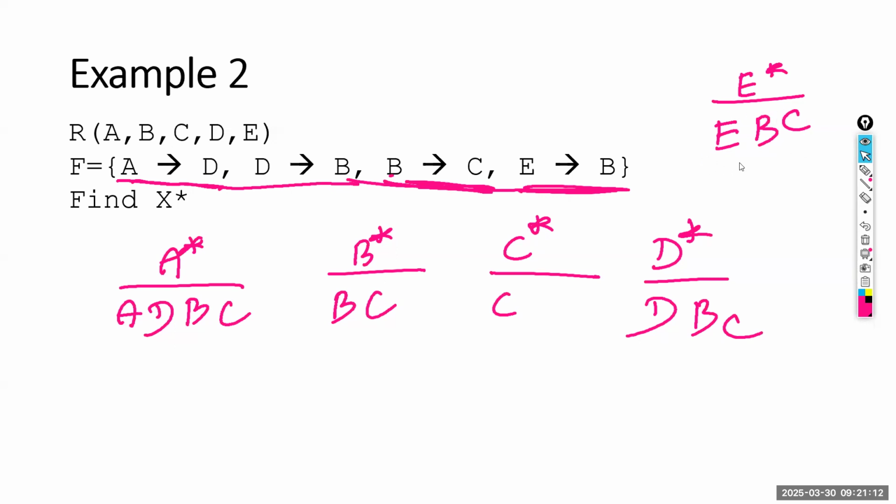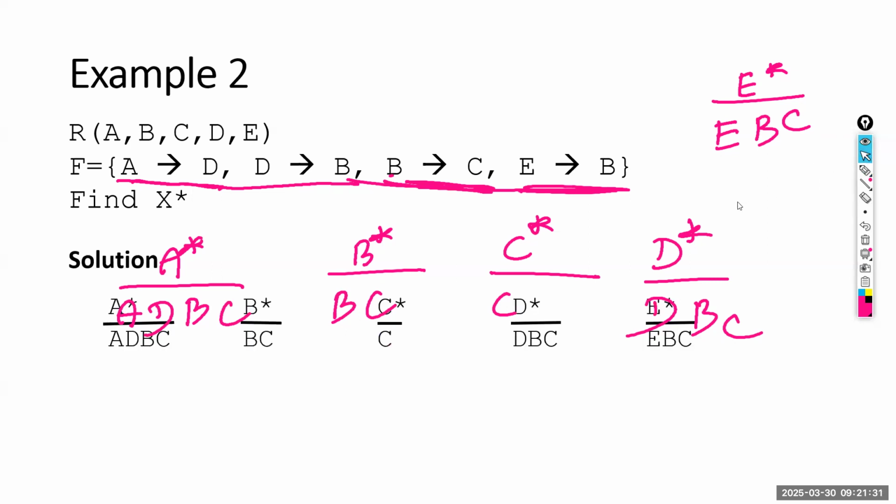Order is not important, right? Okay, order is not important. This is basically a set. So E functionally determines these individual elements. So this is the set. Right. So A determines ADBC, B determines BC, C determines C, D determines DBC, E determines EBC. Yes, that's it.